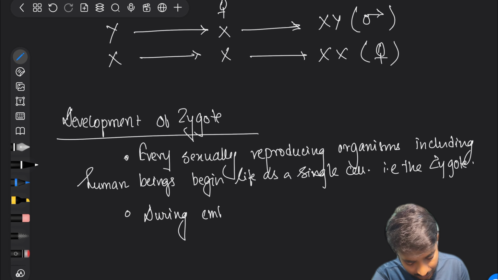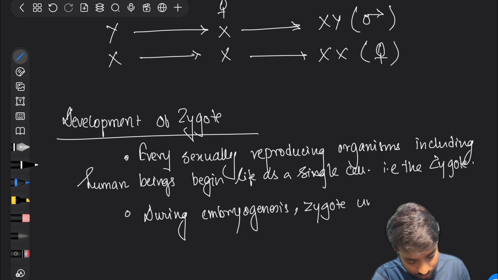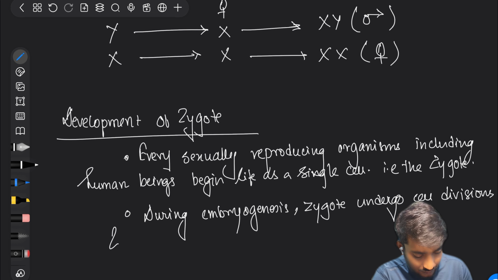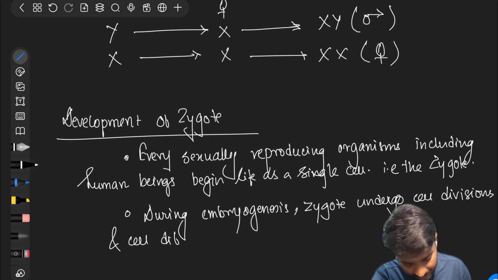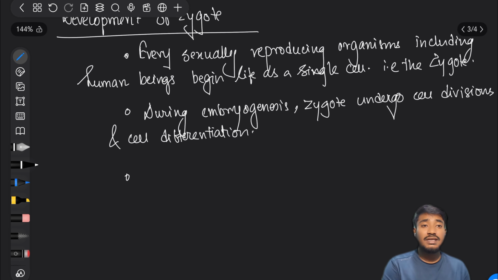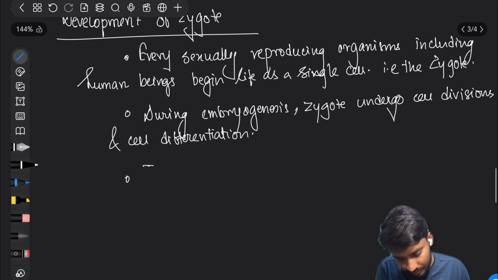During embryogenesis, the zygote undergoes cell divisions and cell differentiation.